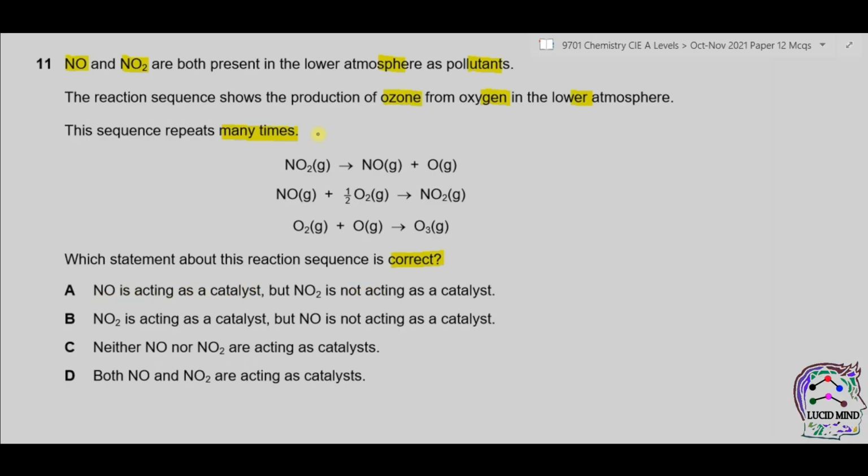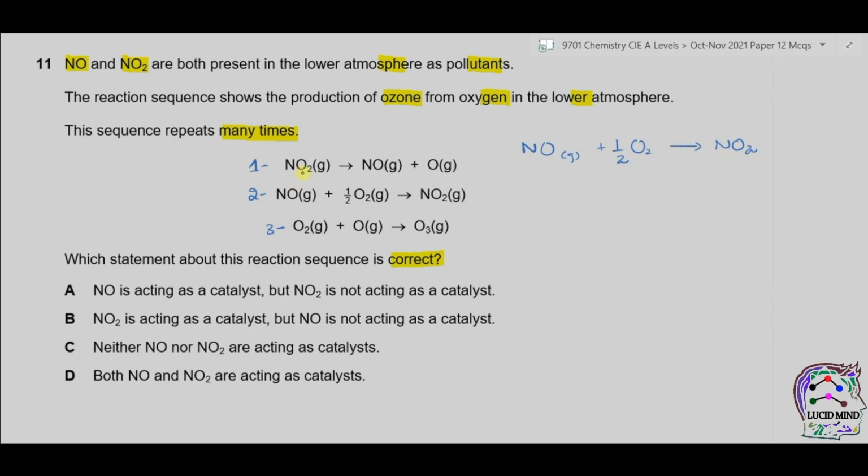Let's look into the catalyst. NO is acting as a catalyst. Now we can look at these reactions. This is reaction number 1, this is reaction number 2, and this is reaction number 3. Let's suppose reaction 2 takes place first, as it is repeating many times. So NO will react with half an oxygen to form NO2.